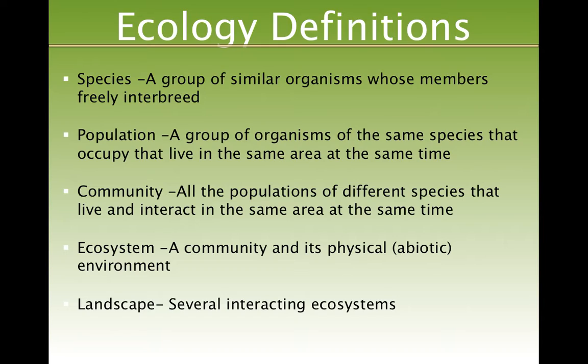So not only are we looking at the living things here, we're looking at the abiotic things, such as your temperature, climate, amount of precipitation, all those things. And finally, we have a landscape, which is a group of several interacting ecosystems, also known as a biome.